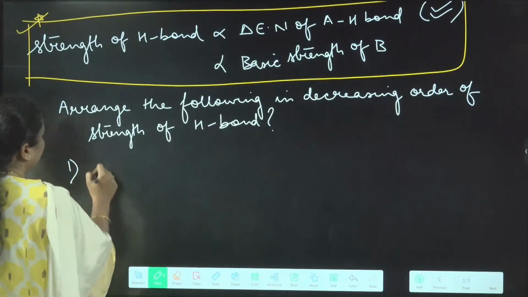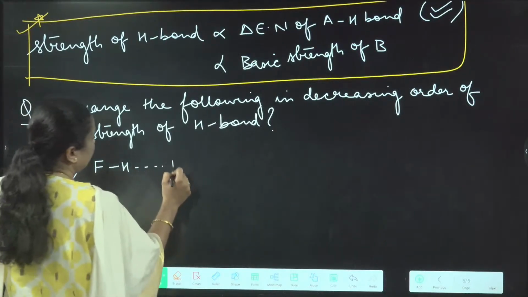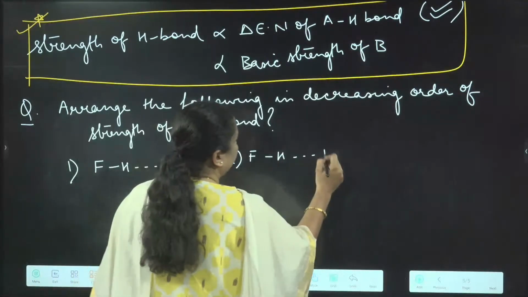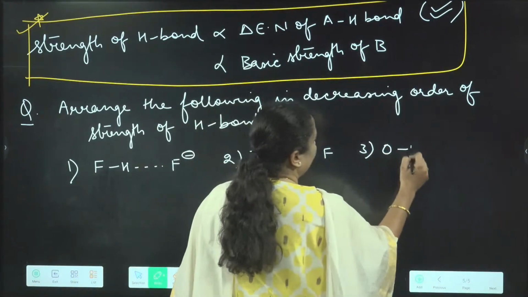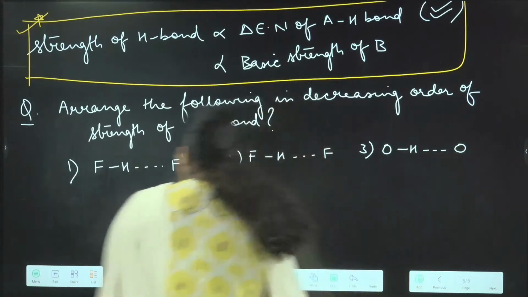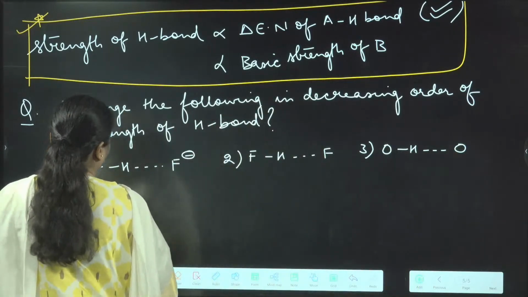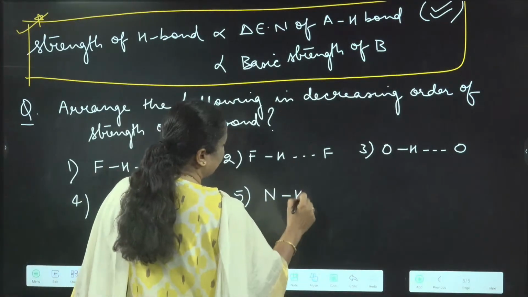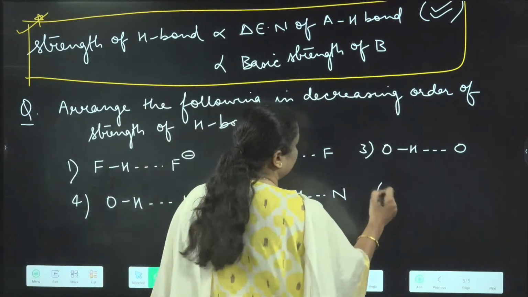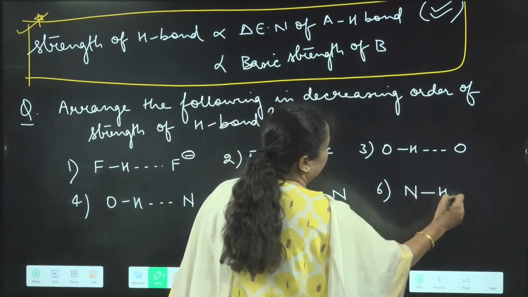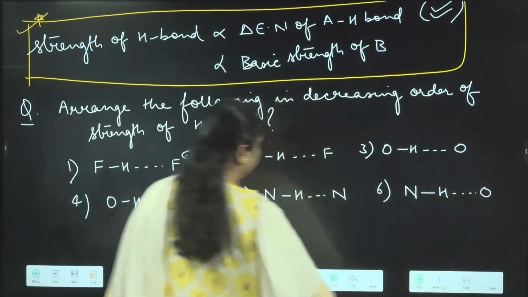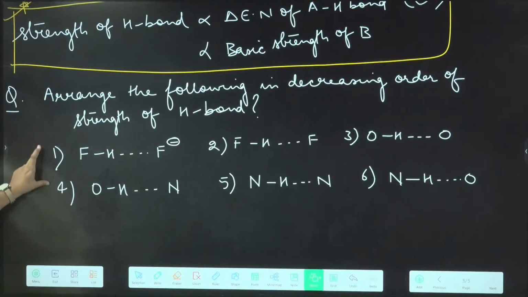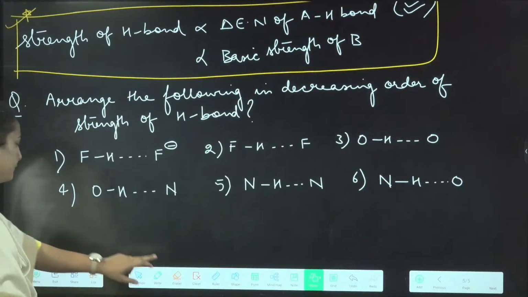Suppose I give you FH, F minus; FH, F; OH, O; OH, N; NH, N; NH, O. You have to arrange them according to the decreasing order of the strength of hydrogen bond.